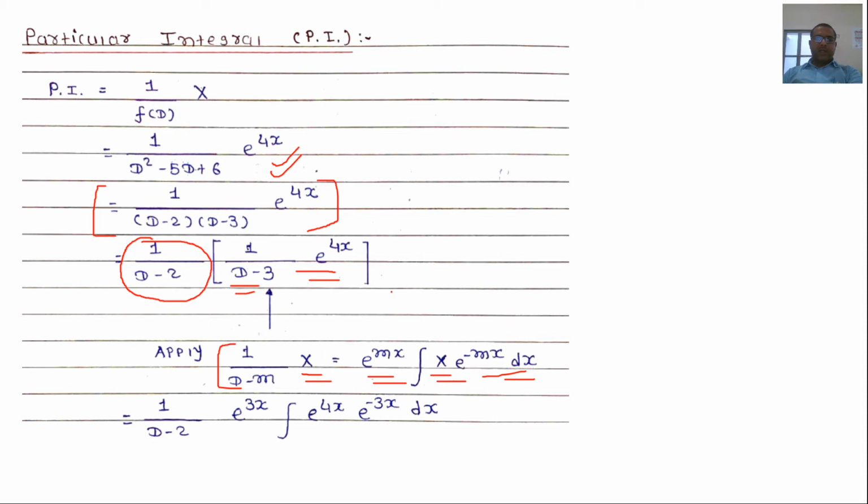Here m is equal to 3, in place of m in D minus m, and capital X is e raised to 4x. So according to the rule, it is given by 1 upon D minus 2 as it is, e raised to 3x integration e raised to 4x e raised to minus 3x dx.